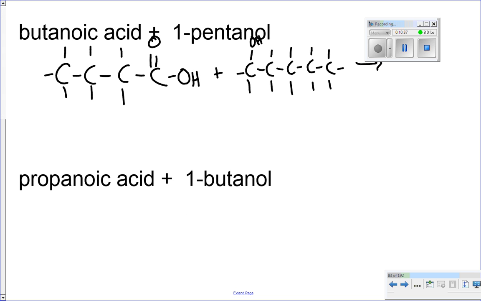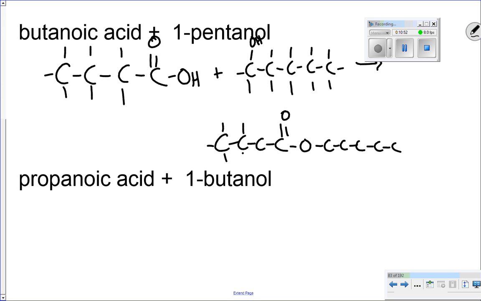So I'm going to have 4 carbons coming from my acid. Then I'm going to add that functional group. 5 carbons from my alcohol, and then a whole lot of hydrogens go on here. I need to also take care of this H that was right here, and that OH that allowed that to be strung together, that now we're going to leave in the form of water.